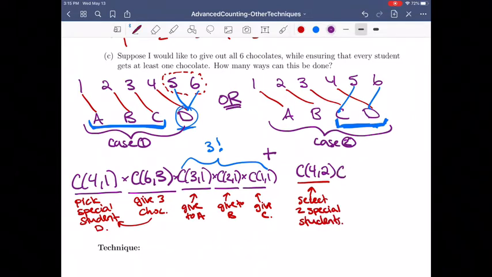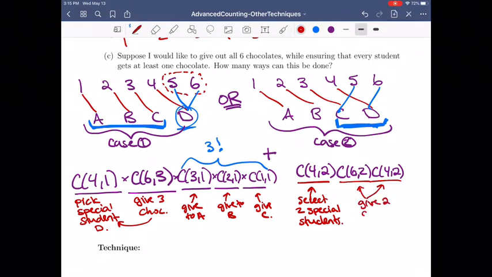Now I'm going to give 2 chocolates to the first one that I select, and then I'm going to give 2 chocolates to the next one, but I'm only going to have 4 left at that point. So this is give 2 chocolates each. Now I'm done, sort of, in my picture, with C and D. I know C and D are getting 2, and I've given them the 2 that they get each.